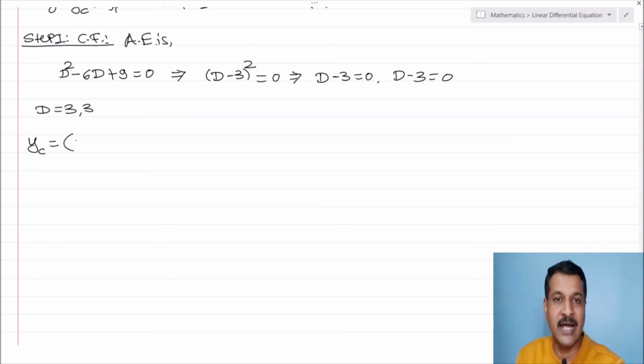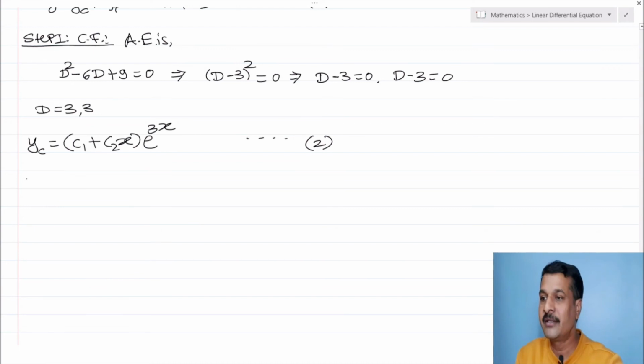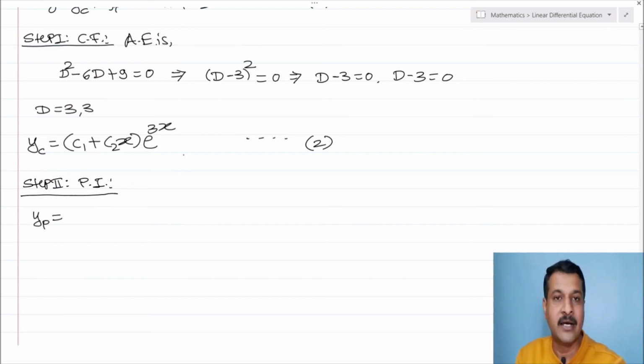Therefore, here the roots are real and repeated. So that is why yc equal to c1 plus c2 x, into e raised to 3x. So this is the first part, equation number 2. Now the second part, step number 2, is nothing but the PI. Note that here we want to find it by variation of parameters, where yp is the constants replaced by u and v.